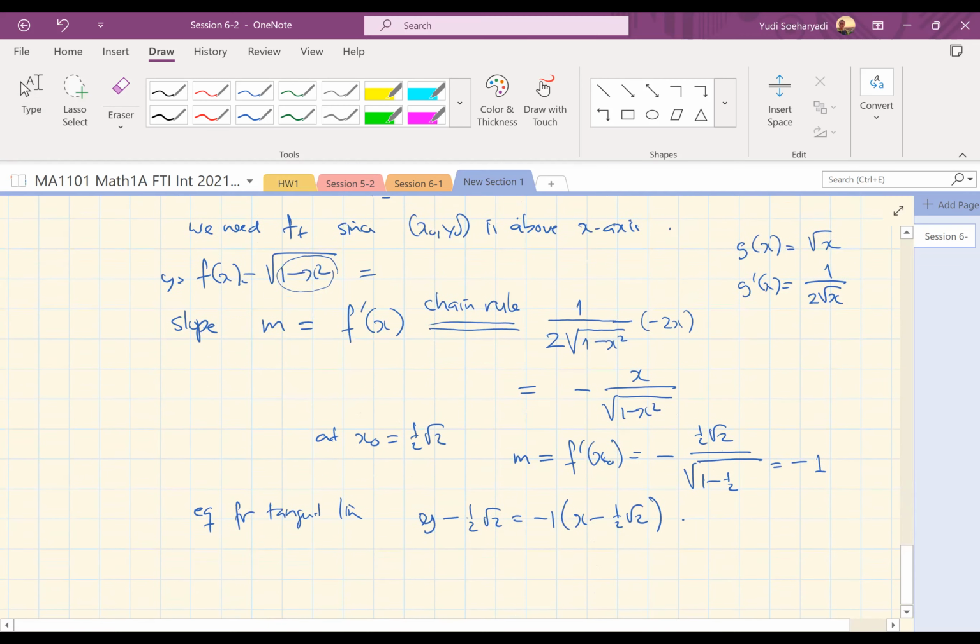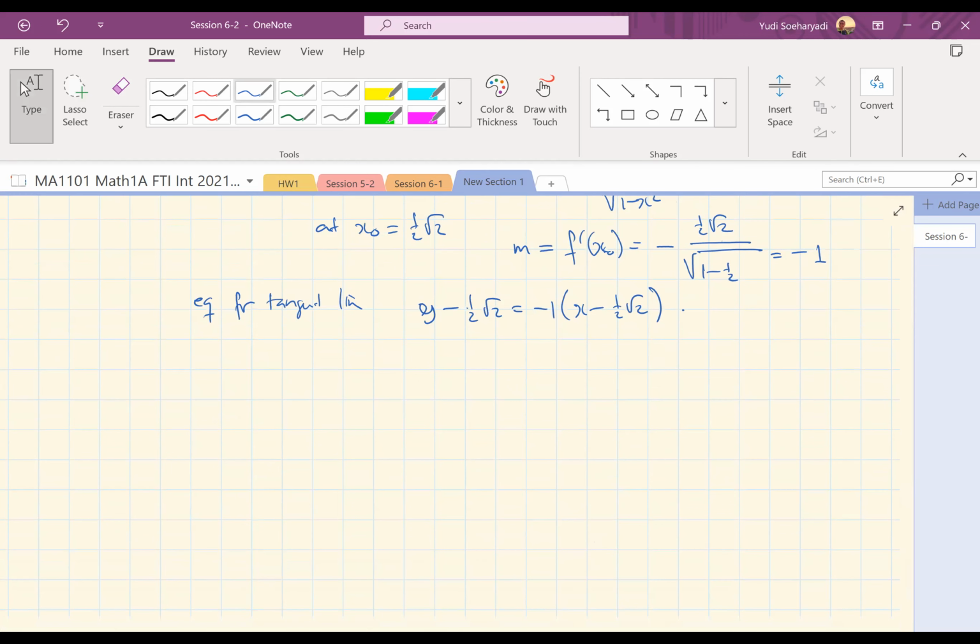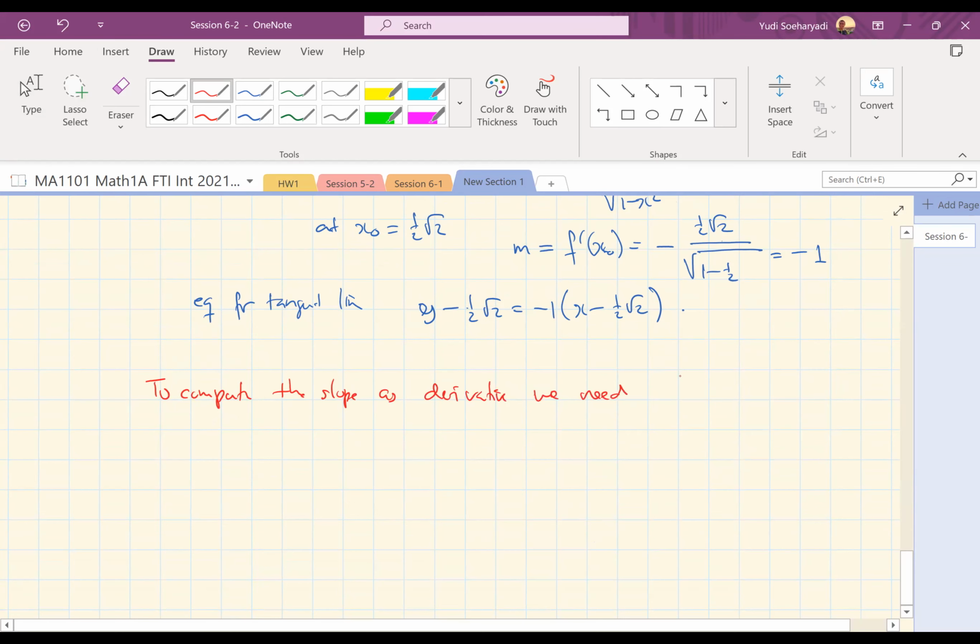Okay, so this is what I would like to find. Slope as a derivative, expressions of the functions.